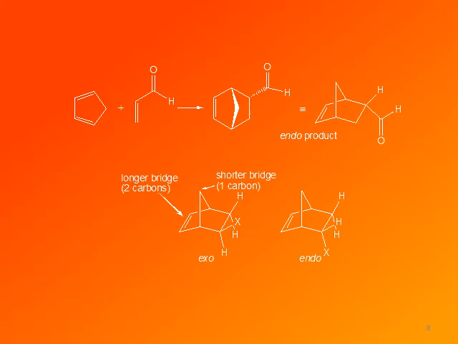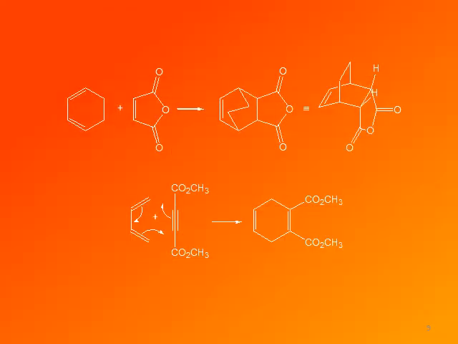If the substituent, shown here as X, is closer to the shorter bridge, that's the exo product. If the substituent is closer to the longer bridge, then that product is named as endo. The Diels-Alder reaction always gives the endo product.